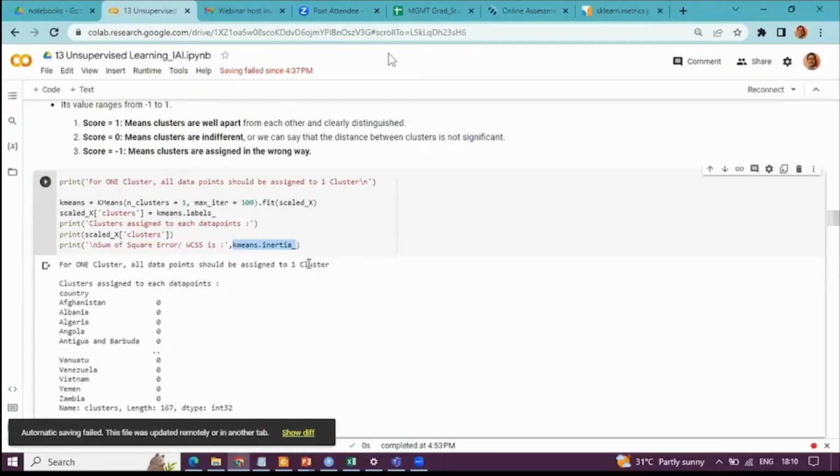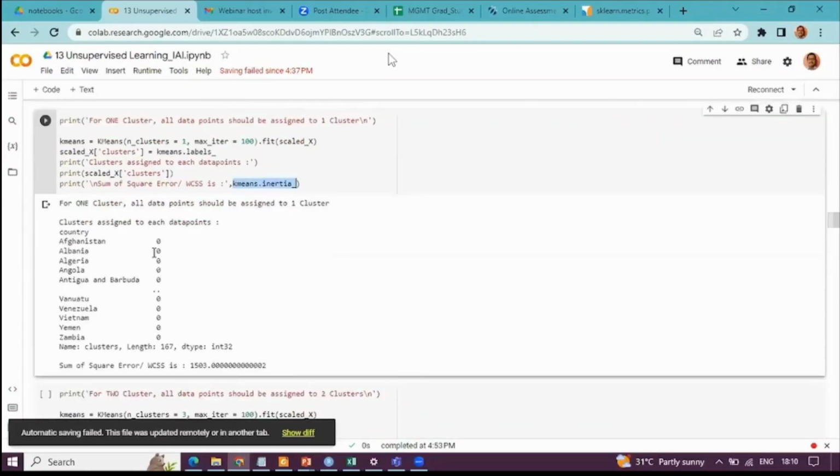When I have only one single cluster, all the observations will go into the same cluster. And we could also see that the sum of the squares of the error, the within the cluster sum of squares, is somewhere around 1503.